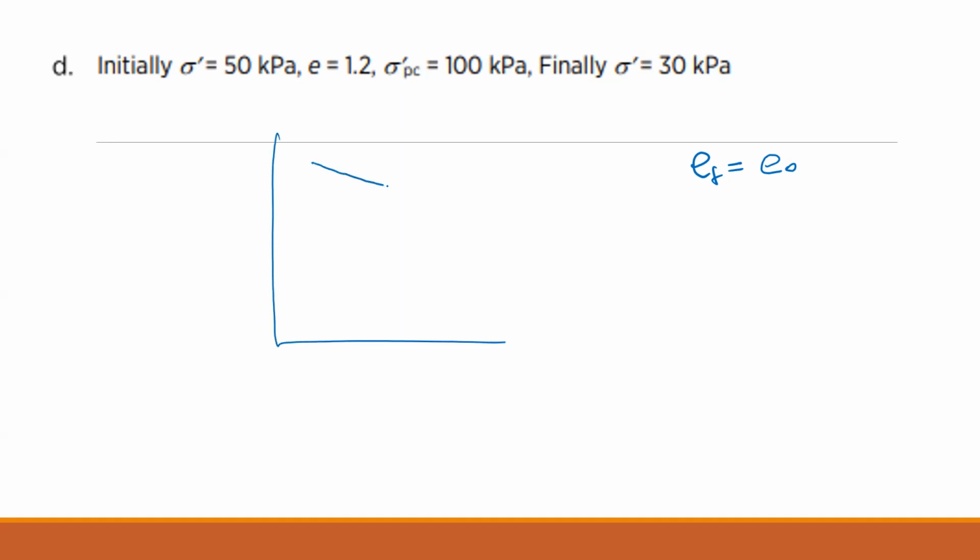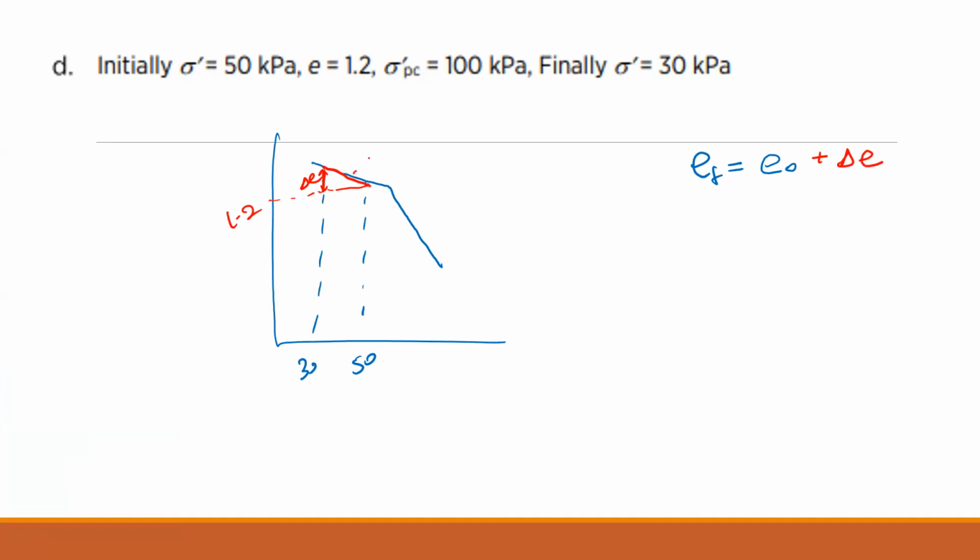Increasing. So your initial value is 50. Now it is going to 30. So it's going up. So this value is 1.2. So you need to add this delta e. You need to add the delta e.